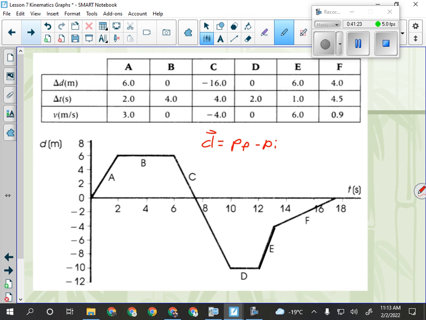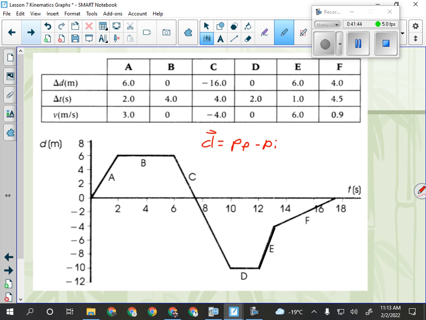All right, what if I asked you to calculate the total distance traveled? See if you can figure that out. Just using this graph, calculate what the total distance traveled would be.